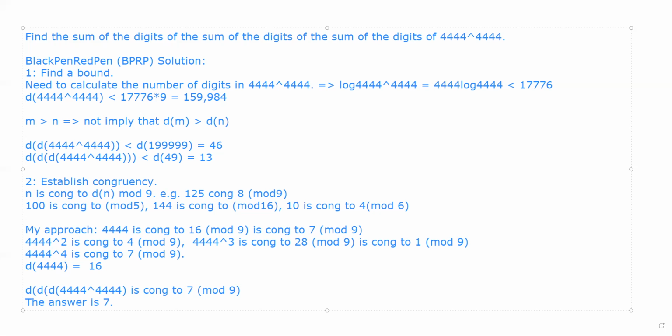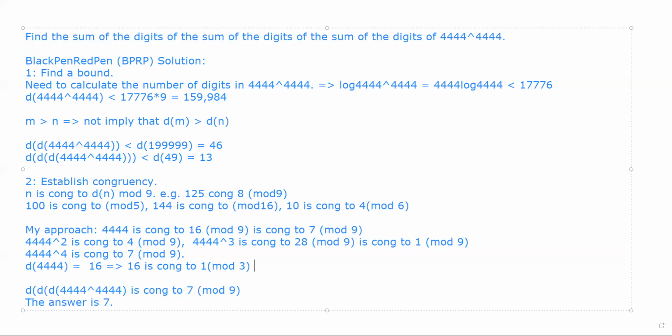So the digit sum of 4444 is 16. And then 16 is congruent to 1 mod 3. In other words, 4444 divided by 3 leaves you with the remainder of 1.